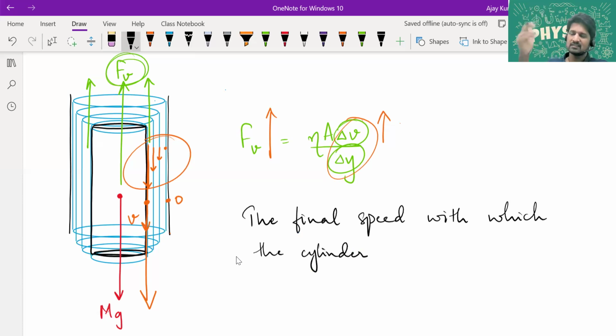They'll just say the cylinder is released inside this tube, find the final velocity. Then you'll have to think, why will it have a fixed final velocity? Final velocity becoming fixed means finally the force becoming zero, balancing. Which force will balance its weight? As the cylinder falls down, it will drag oil layers along with it, so viscous force must be balancing. All those ideas you will have to think. That is the difference between classroom and exam, and that is where most students fail also.